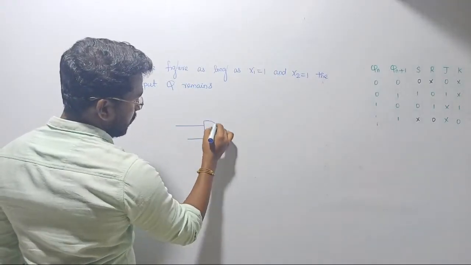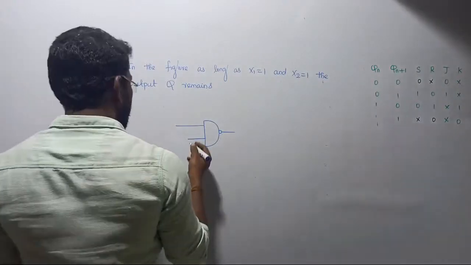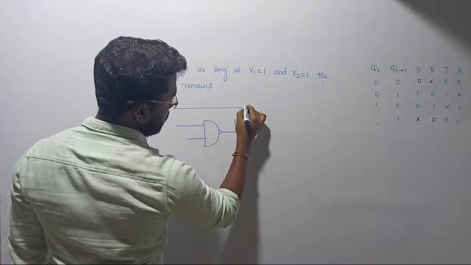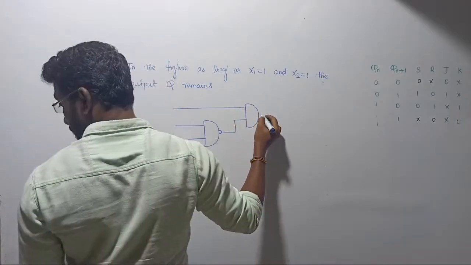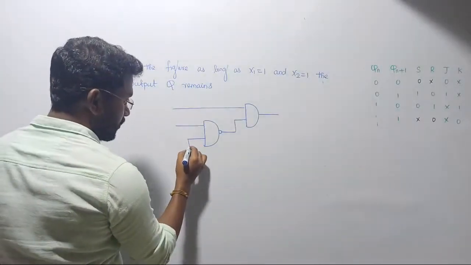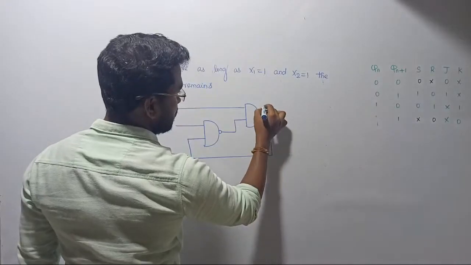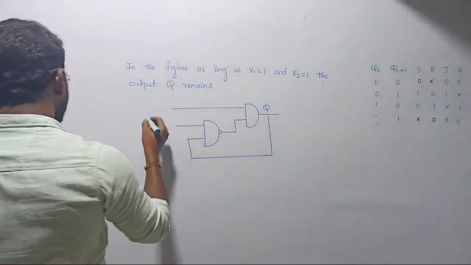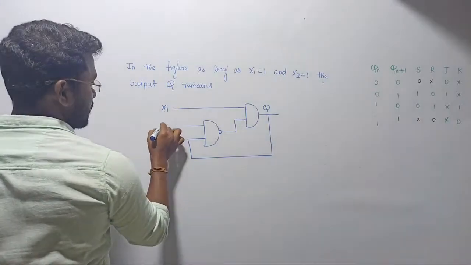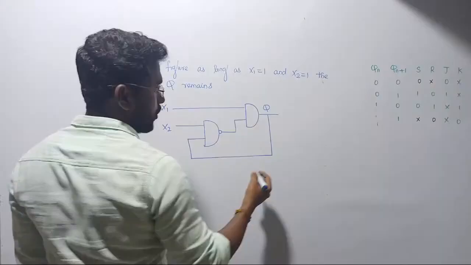So let us consider the given circuit. This is Q naught, that is an AND gate they had given, and they are considering one more gate here. One second, let me complete. Yes, I think that is an AND gate, right? And here this one will be connected here, and they said this is called Q. The inputs are given as x1 and x2, the question itself gives them. They have given four options.